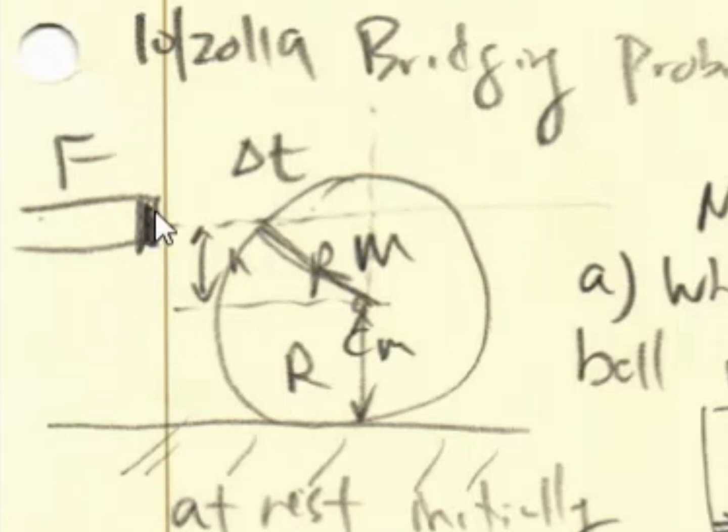We have a cue stick represented by the force F here, and a billiard ball with a radius R. The problem is asking us to determine the distance the cue stick is from the center of mass, such that after the cue stick strikes, the billiard ball would roll without slipping.